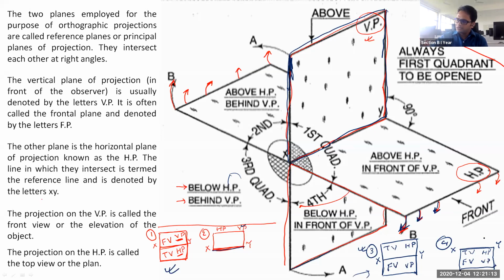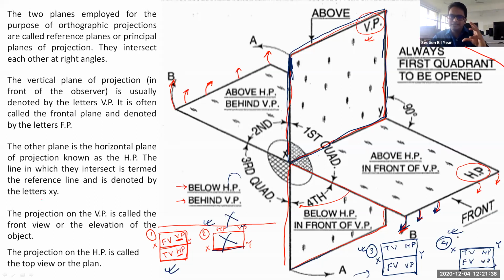Okay. So for these two cases, that is your fourth quadrant and second quadrant, the projections will be overlapping on each other. So it will look quite clumsy. Okay. It will not look good. So that's why it is not used for projection method.